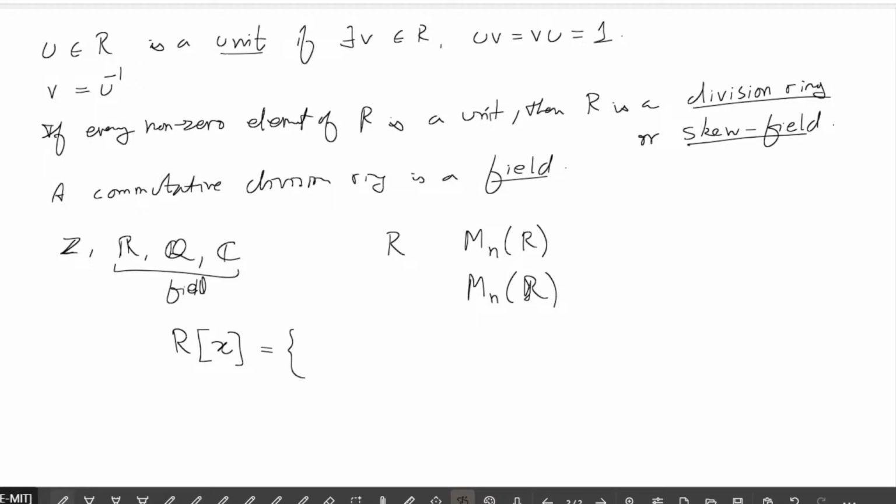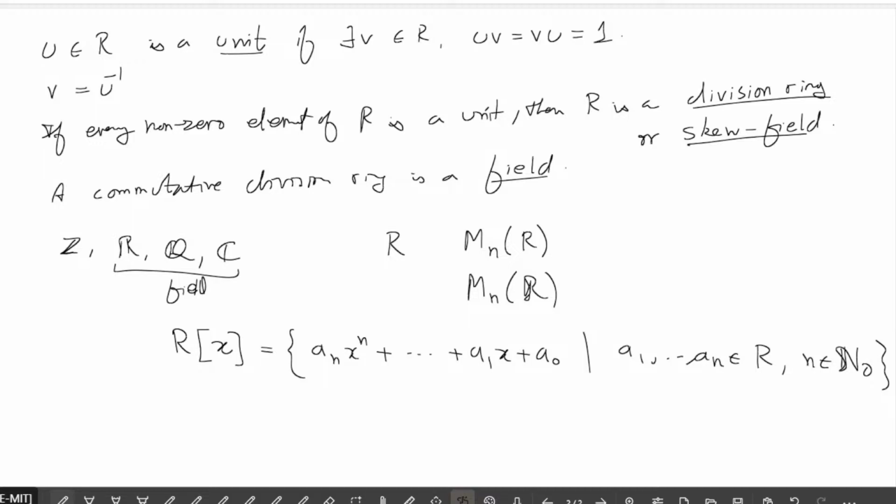you can construct for any ring the ring of all polynomials with, for now, let's take a single indeterminate x. Ring of all polynomials, that means all formal sums of this form.